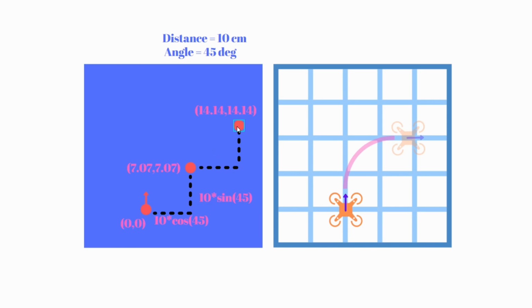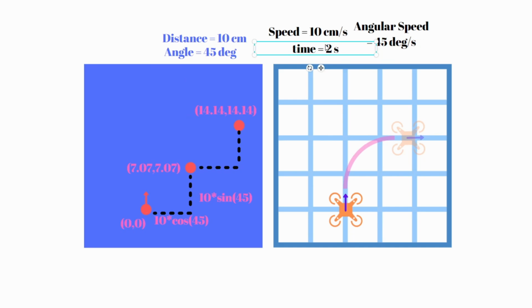If we are moving at the speed of 10 meters per second and the angular speed of 45 degrees per second for 2 seconds, after 2 seconds we will be at 14.14 and 14.14 in our Cartesian coordinates. This way, after every unit of time, we can pinpoint exactly where we will be. So this is what we are going to do.